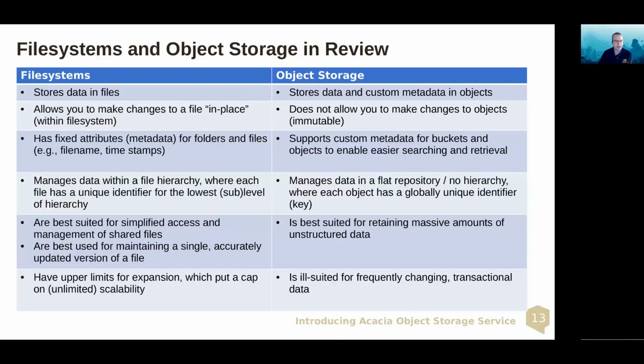So let's compare and contrast file systems and object storage now. File systems store data in files with a fixed set of metadata. Object storage stores data and custom metadata in objects, so you can add in your own metadata. A file system allows you to make changes to a file in place. So you can open a file, do things with that file and then save that file.